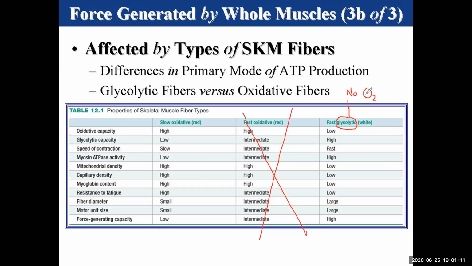If you don't need oxygen, you don't need a lot of mitochondria. So if you go down here, mitochondrial density, low. If you don't need oxygen, you don't need blood vessels perfusing your muscle. So capillary density, low.